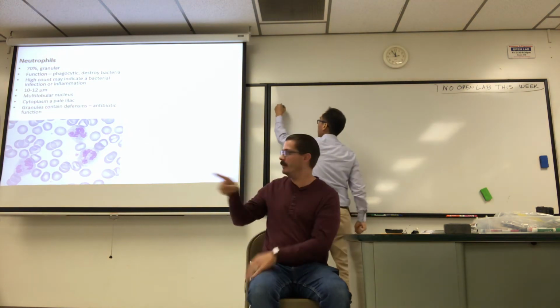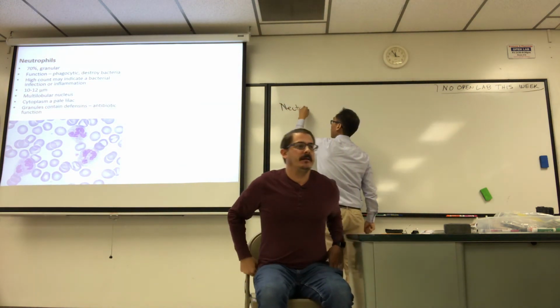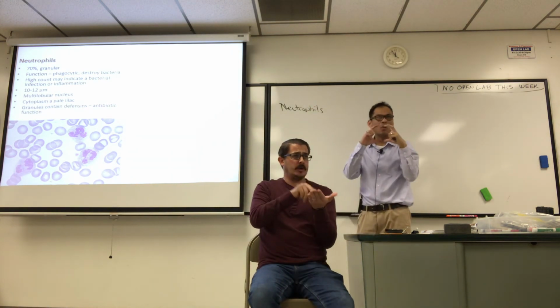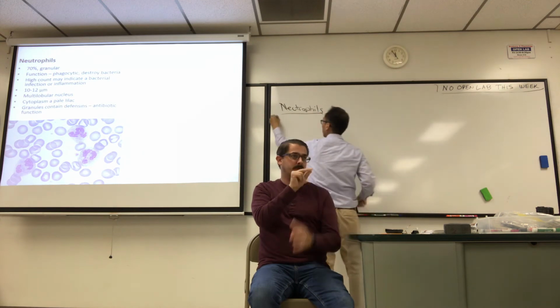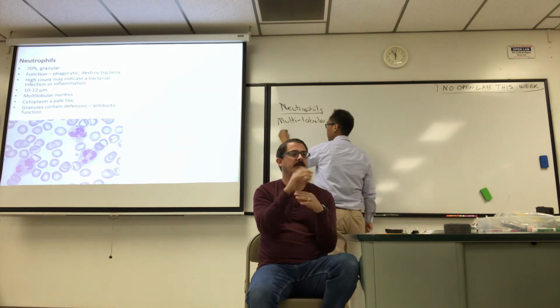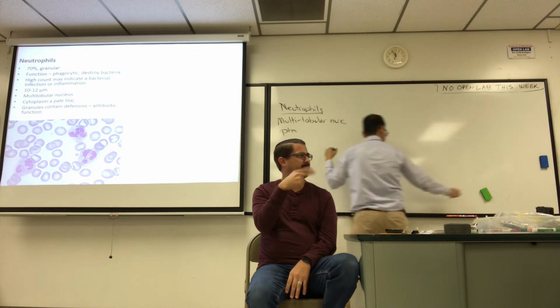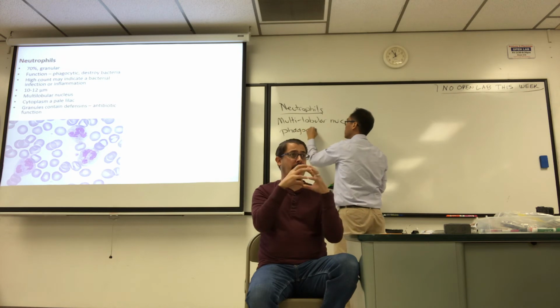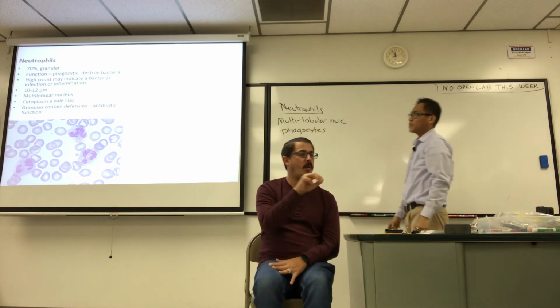Whatever you think that is. They take up that kind of stain, that nice purplish, bluish color. And what I think is interesting about the neutrophils, I don't know why, but they have these multilobular nuclei, right? It's not just a round circle. Multilobular nuke. Their function is phagocytic. They're good phagocytes for us. I mean cell eating. Phagocytes. I'll just list that as the two major things to know.